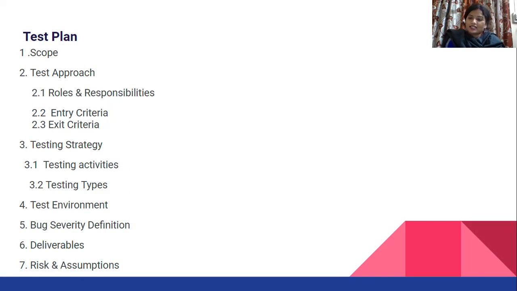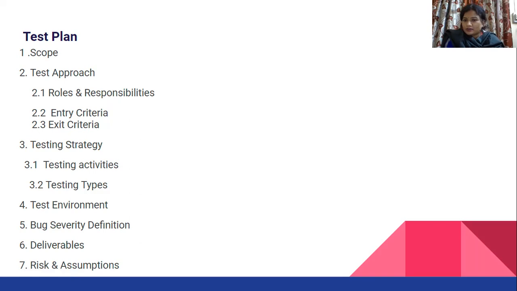Then in the entry criteria, the criteria that need to be satisfied from the developer side, so that the product can be taken for testing, is written inside the entry criteria.